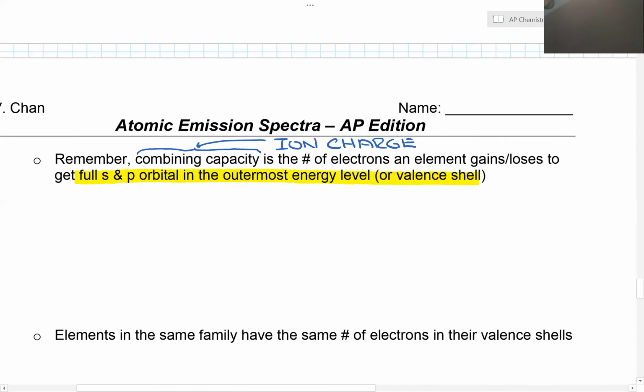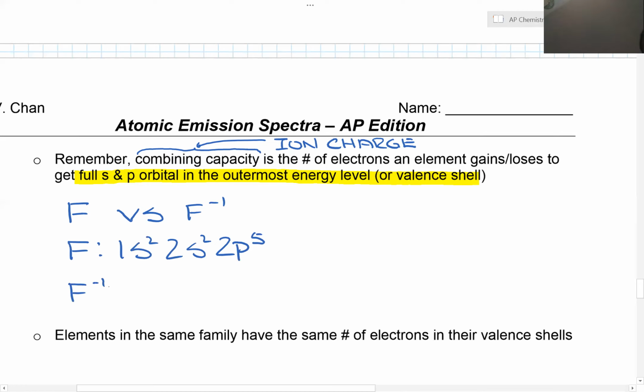So let's say, for example, fluorine versus fluorine minus 1. Fluorine is 1s2, 2s2, 2p5. Fluorine minus 1 is 1s2, 2s2, 2p6.